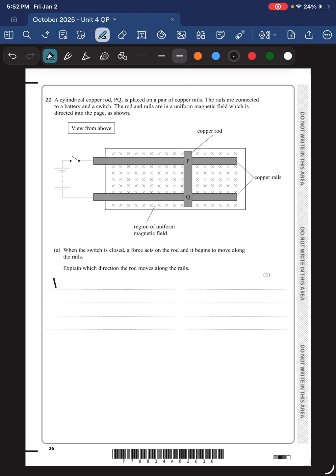F is BIL, and if we use Fleming's left-hand rule for this scenario, we will have to adjust a little bit. B is still our index finger, I is our middle finger, and F is the thumb.